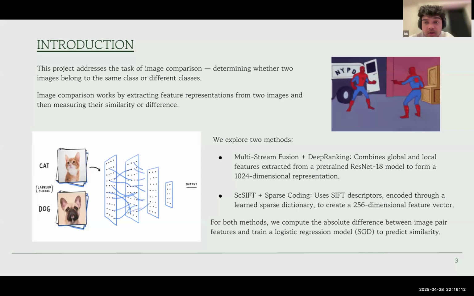In the ScSIFT method, we extract SIFT key points from grayscale images and encode them in a learned sparse dictionary, creating a 256 dimension feature vector. For the model training, we compute the absolute difference between the two feature vectors and then train using a logistic regression model using gradient descent.